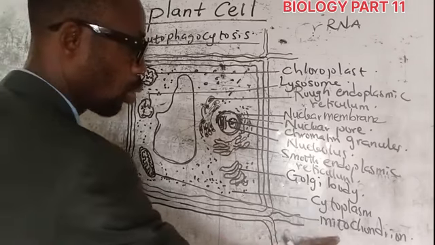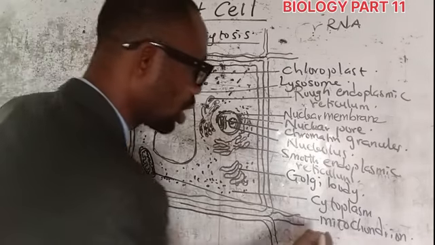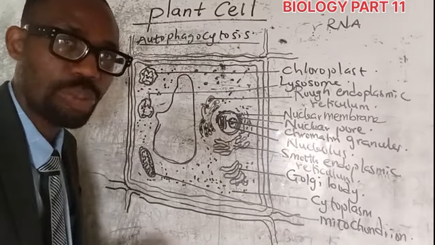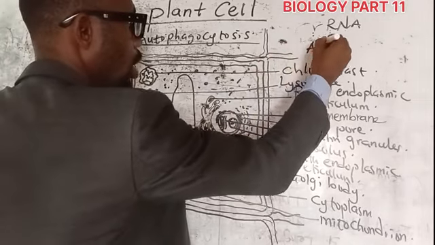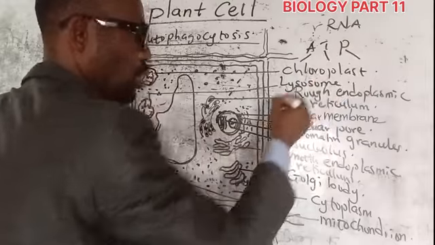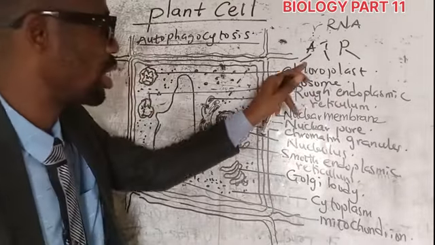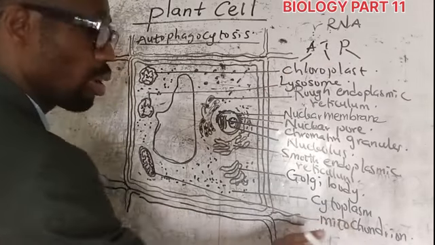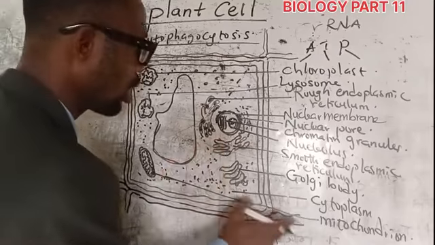So it's called mitochondrion. This is the what? Powerhouse of the cell. It releases energy in the form of ATP, adenosine triphosphate. Do you understand it? The mitochondrion is the powerhouse of the cell, provides energy for the cell.